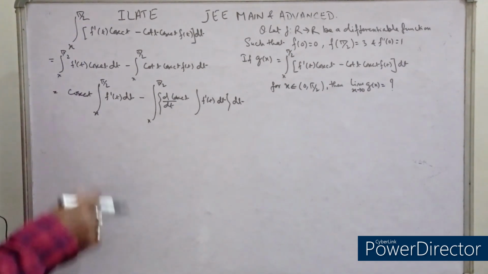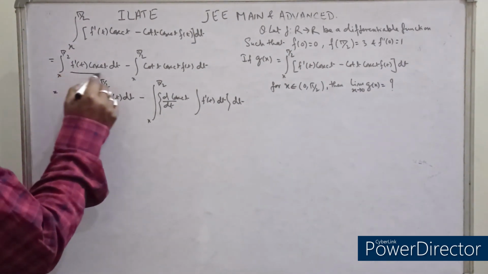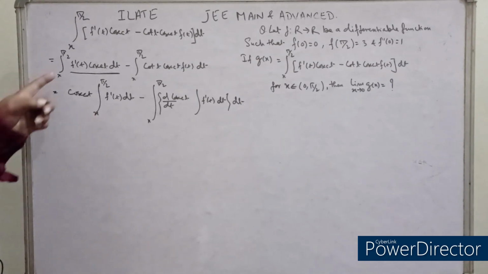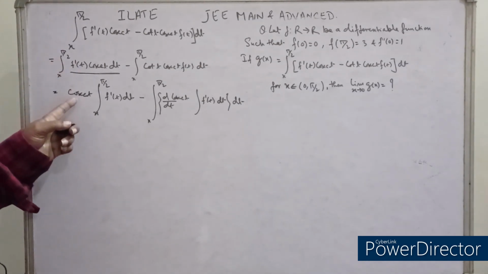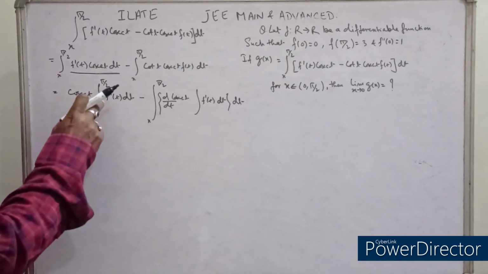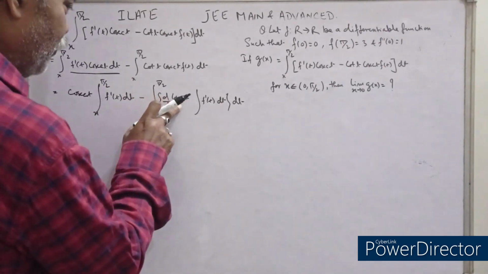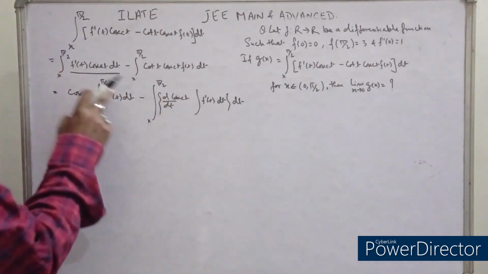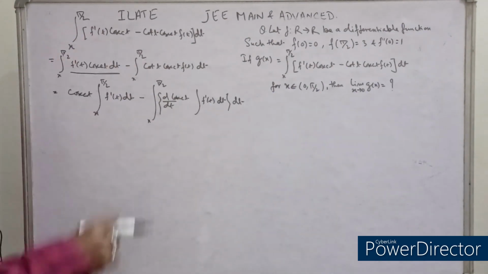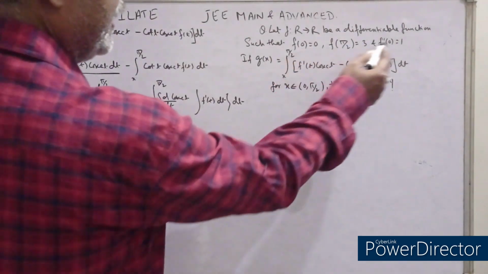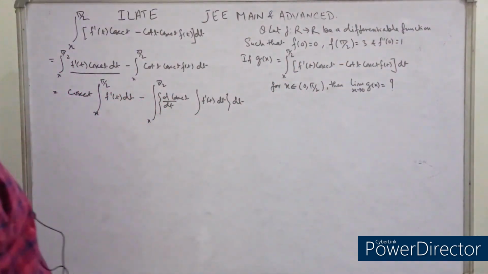But in this question, if I take f dash t as the first function, then again a problem will be created here. Differentiation of f dash t will be f double dash t, and nothing is given about f double dash t.